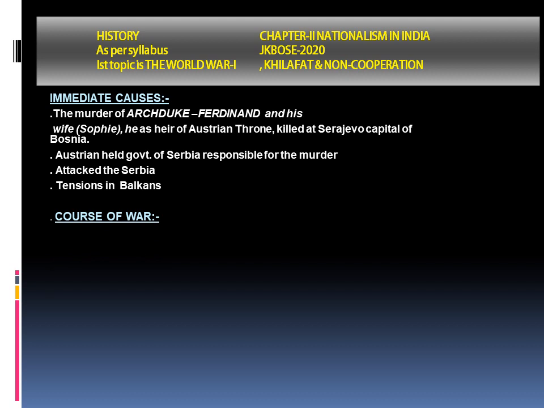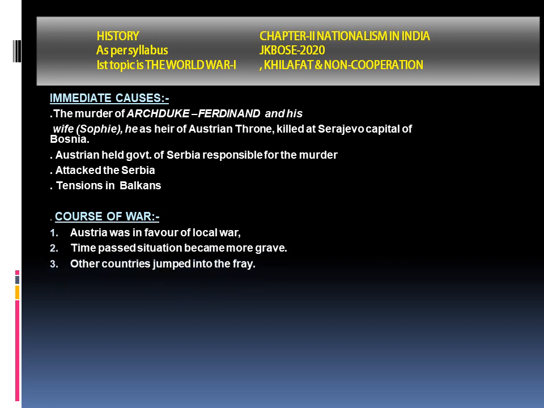of World War One. But the course of war was at a low, local level, because Austria was not in favor of a big war. So it had great consequences later, because the situation became more and more grave. Other countries of the European continent also joined and jumped into the fray.